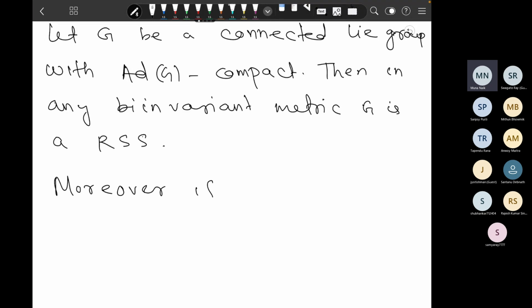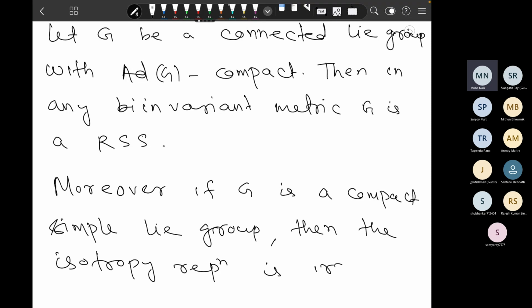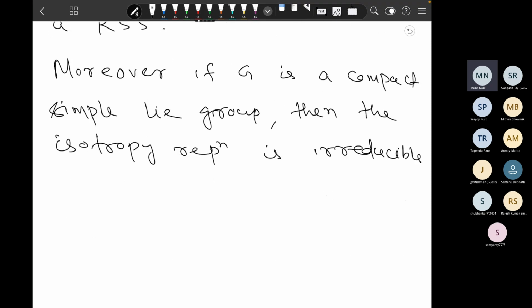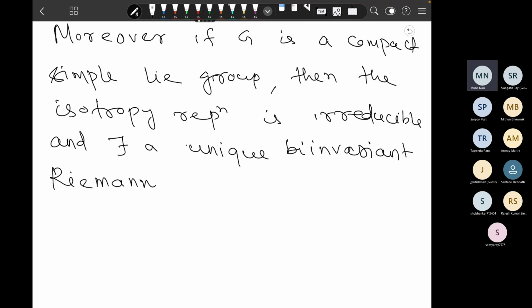Moreover, if G is a compact simple Lie group, and this part is important, then the isotropy representation is irreducible, and there exists a unique bi-invariant Riemannian metric on G up to scalar multiple.